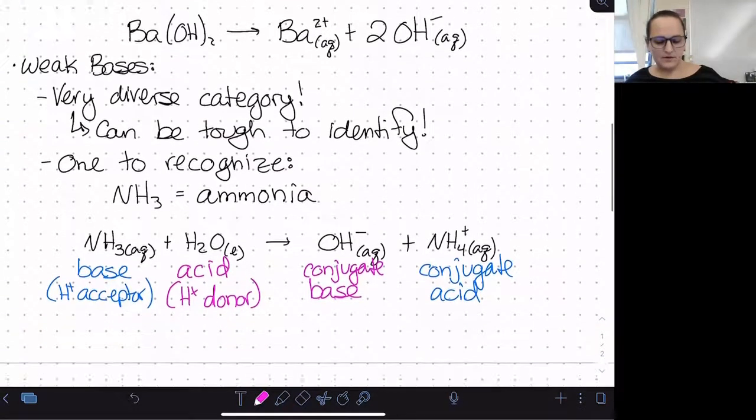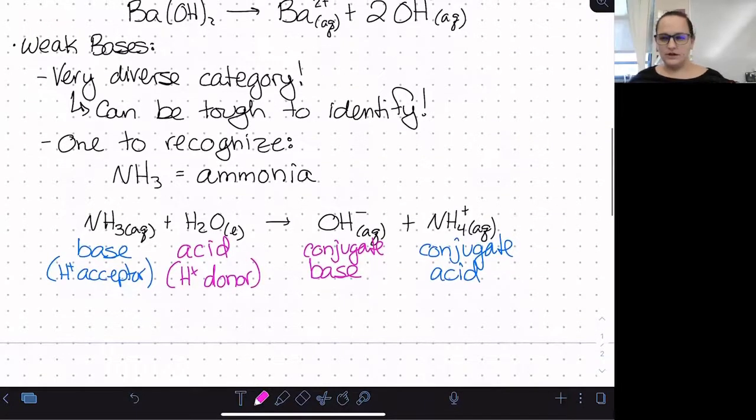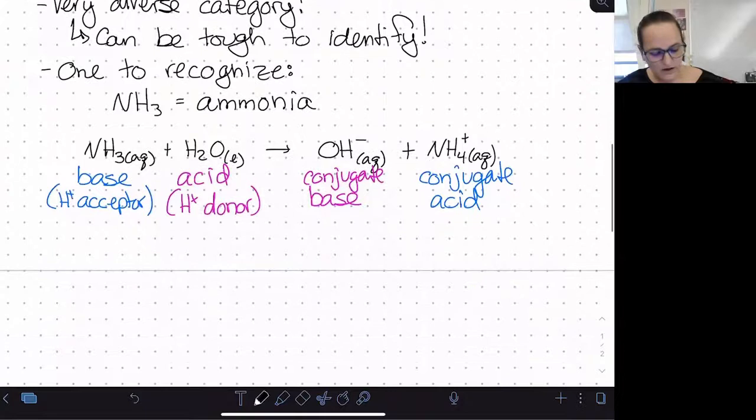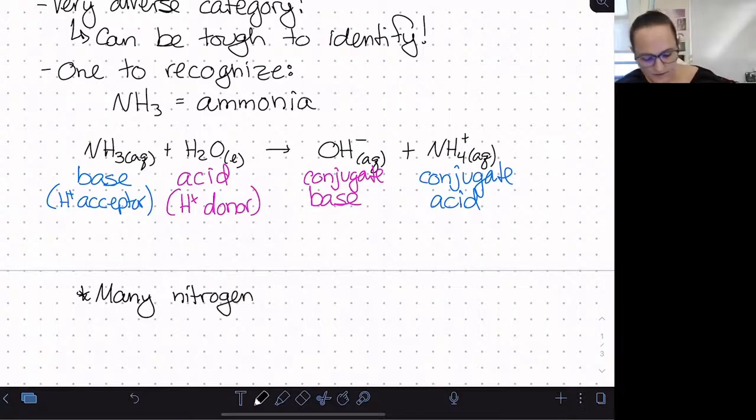So we'll see as we go throughout this unit that many nitrogen-containing compounds similar to ammonia are also weak bases. But not all of them. But nitrogen often acts as a good base.